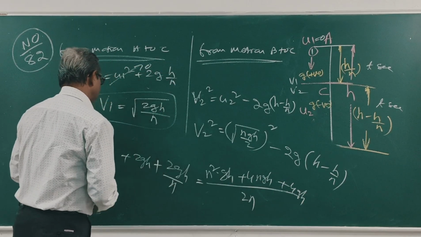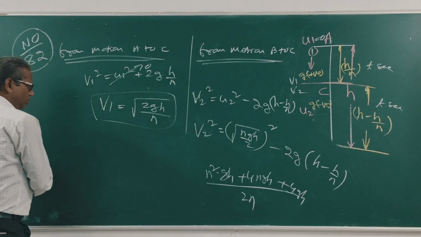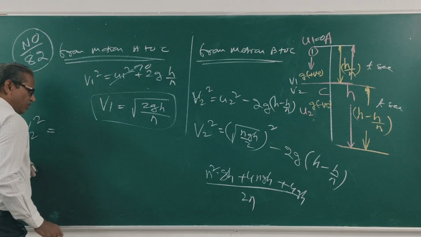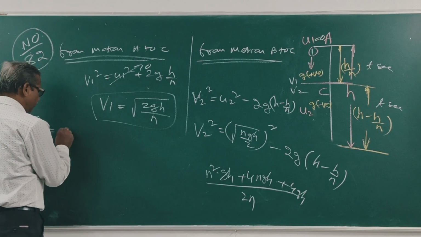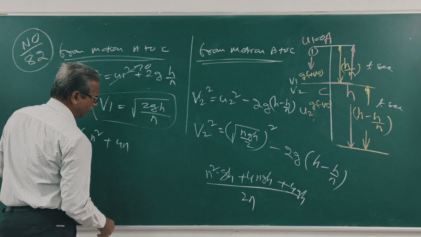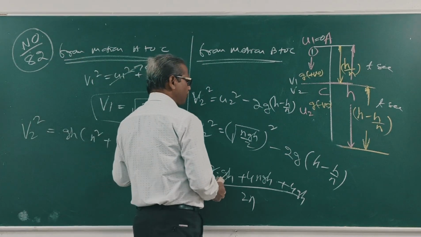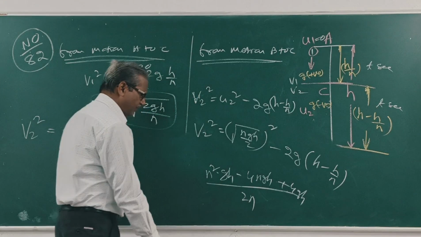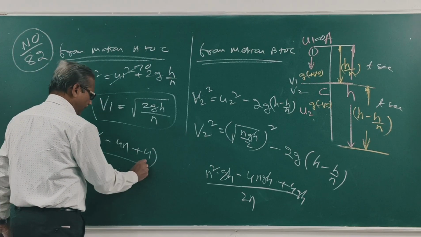Clear? So v2 square is equal to gh common, n square minus 4n plus 4, by 2n.